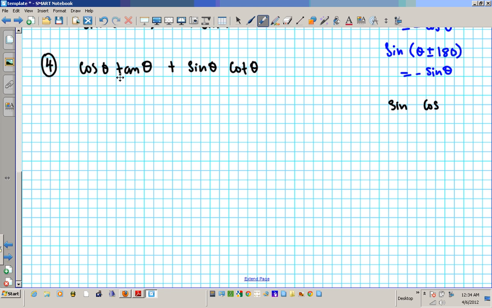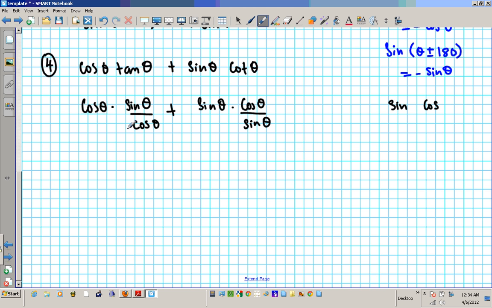So I'm going to write cosine theta times tan, which is sine theta over cosine theta, plus sine theta, and then I'm going to write cotangent as cosine theta over sine theta.